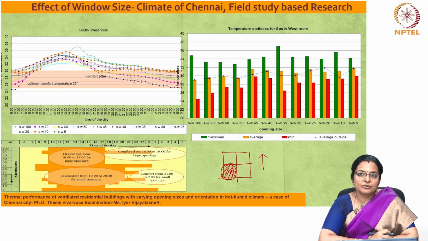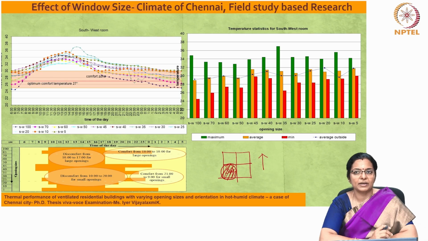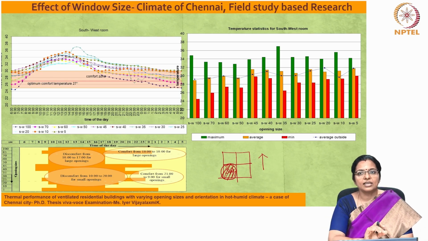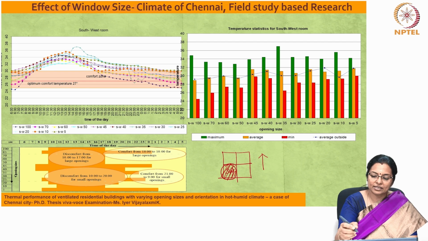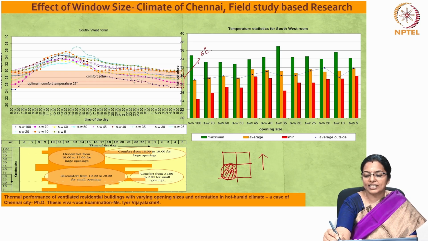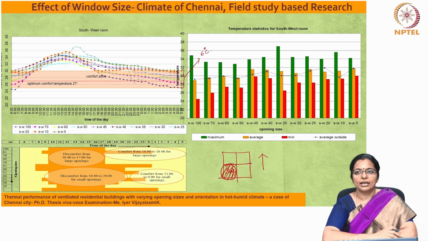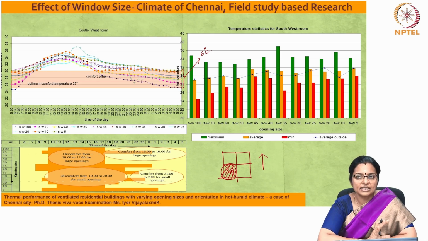A temperature difference of about 6 degrees can be achieved during certain periods of the day by altering the size of the openings. So, just by tampering with opening size, we can have a 6 degree variation in indoor temperature during certain times of the day.